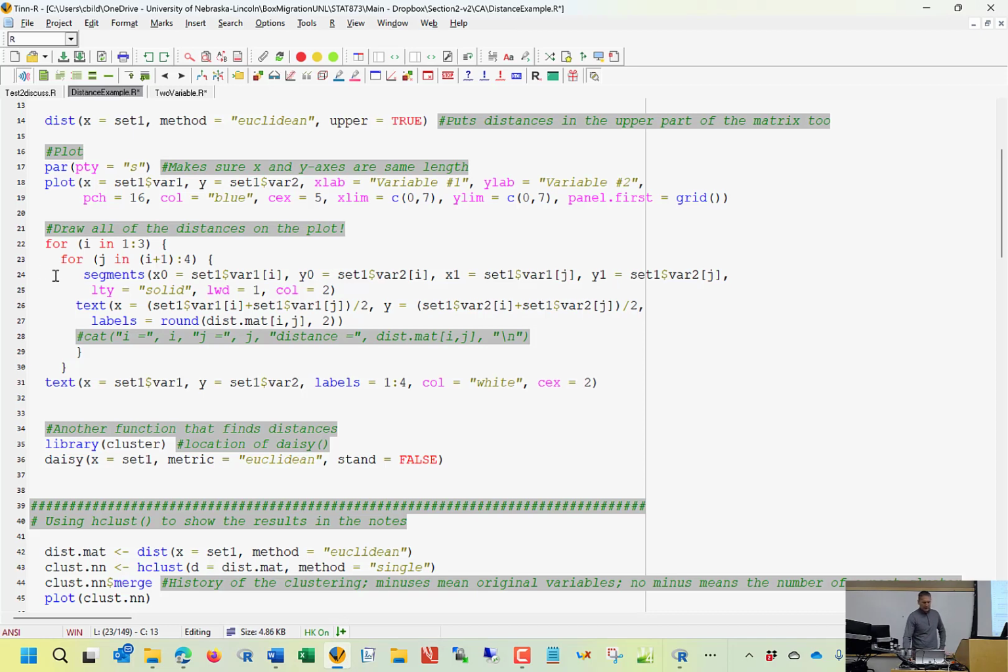For each pairwise combination of the observations, let's say observation 1 and observation 2, observation 1 and observation 3, observation 2 and observation 3, I'm going to use the segments function to draw a line between the two blue dots representing those observations.